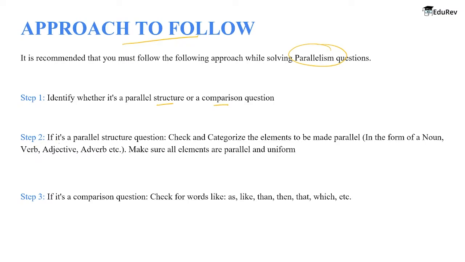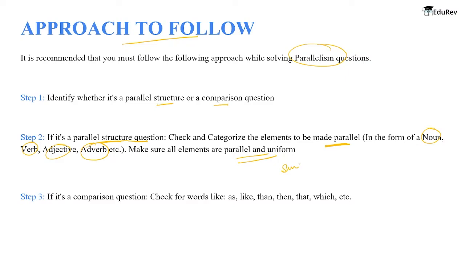Step 2: if it's a parallel structure question, check and categorize the elements to be made parallel. You have to categorize the elements which have to be made parallel in the form of a noun, verb, adjective or adverb. Make sure all elements are parallel and uniform.